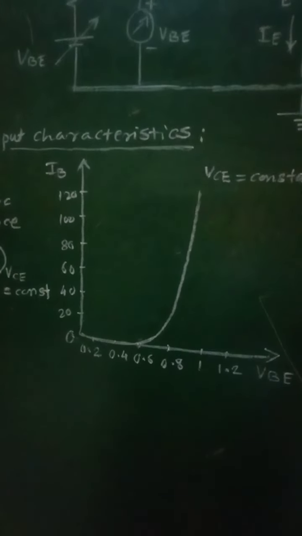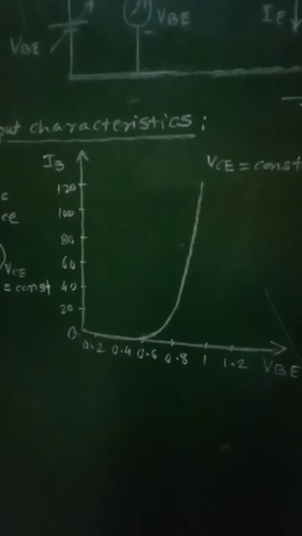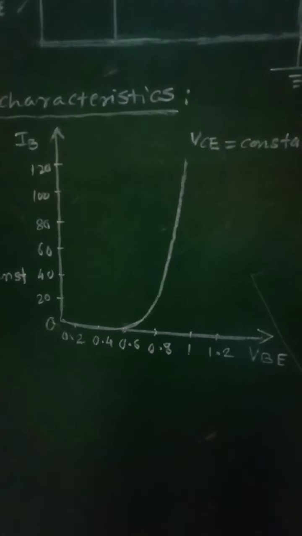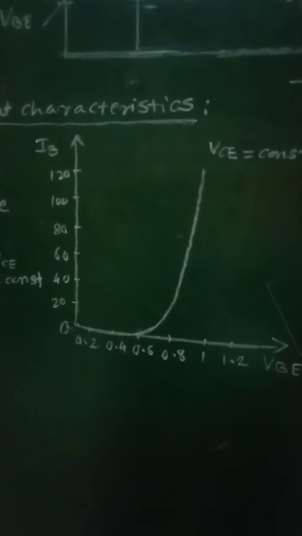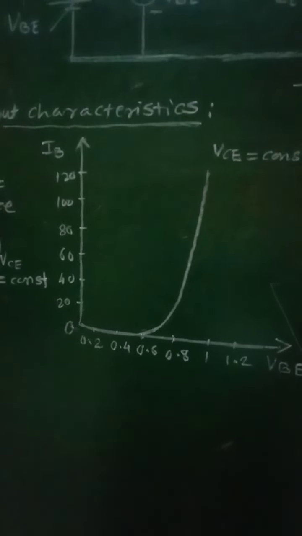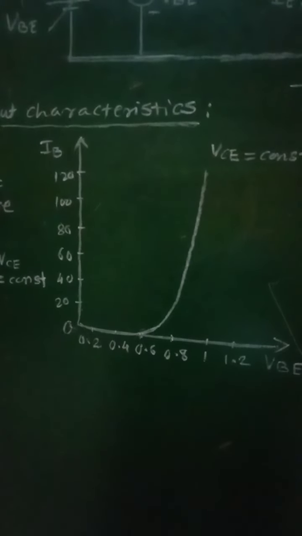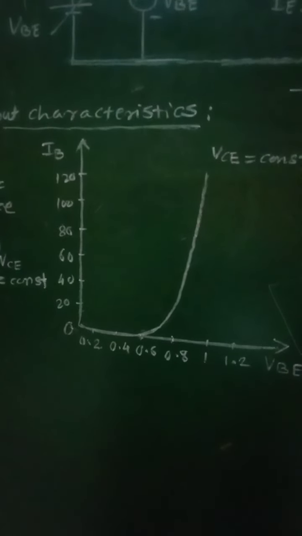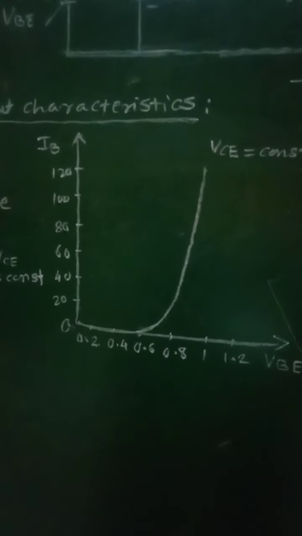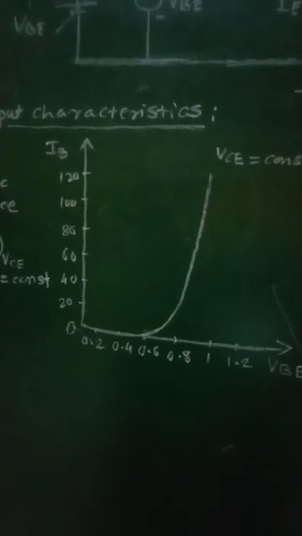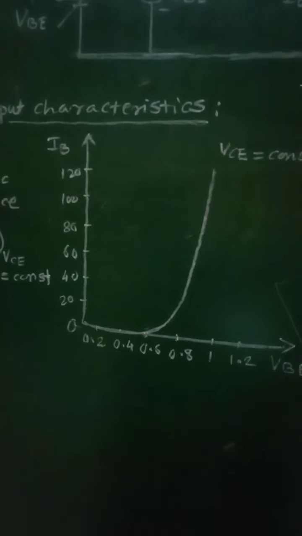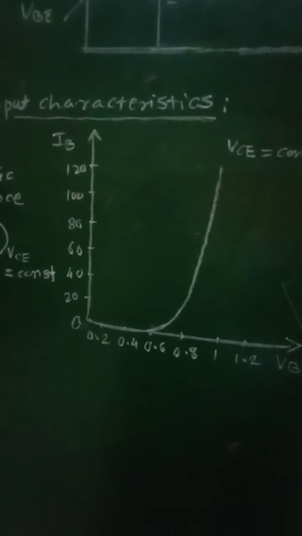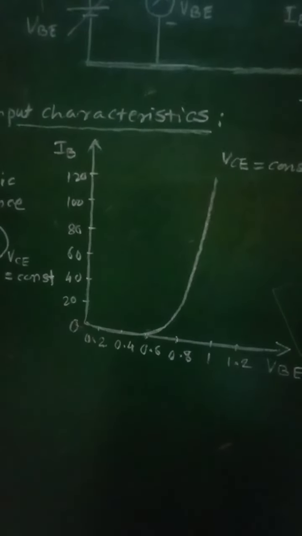Then if you consider this input characteristics, it is clear that when the voltage VBE is greater than the barrier potential, the characteristics are similar to that of a forward biased PN junction diode.